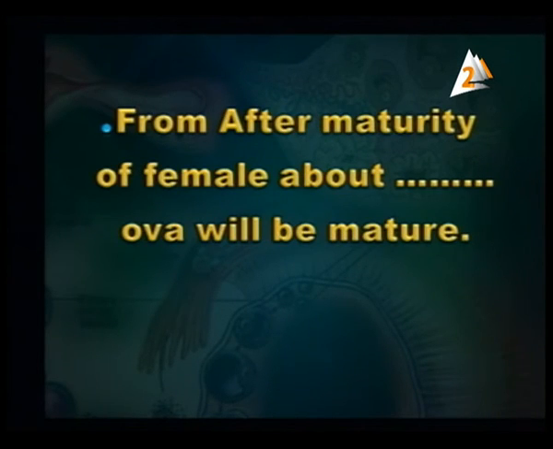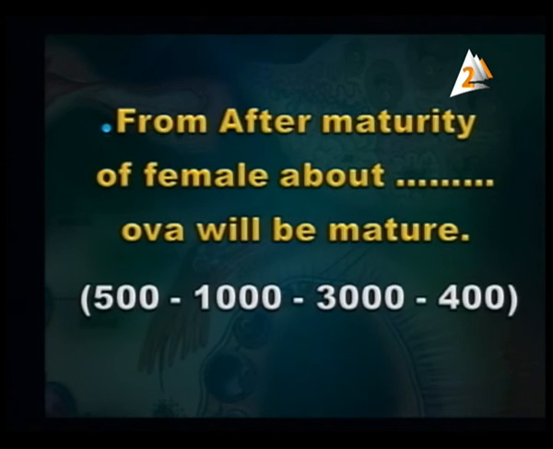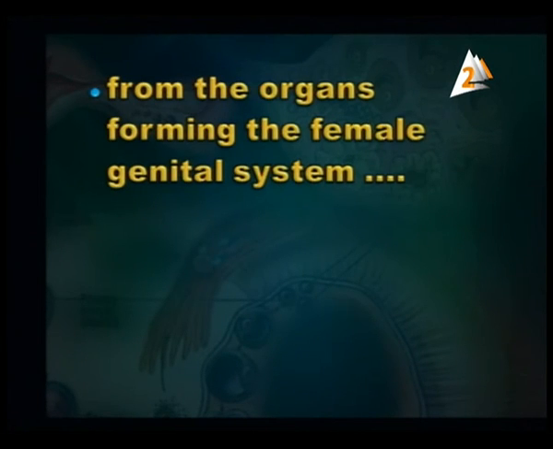Second, after maturity of the female, about how many ova will be mature: 500, 1000, 3000, or 400? Yes, 400. Very good.